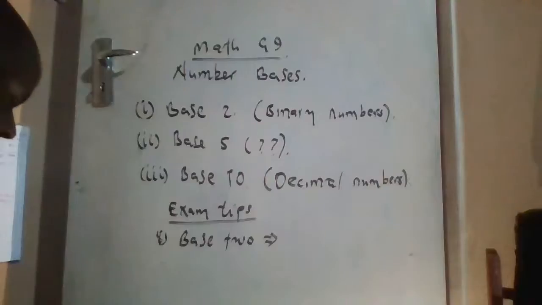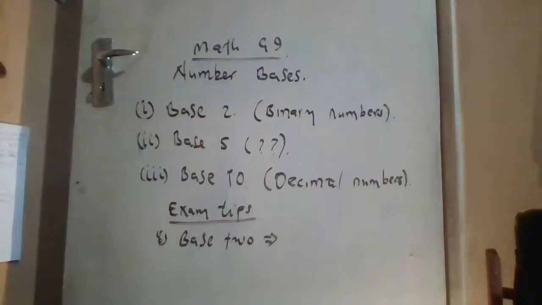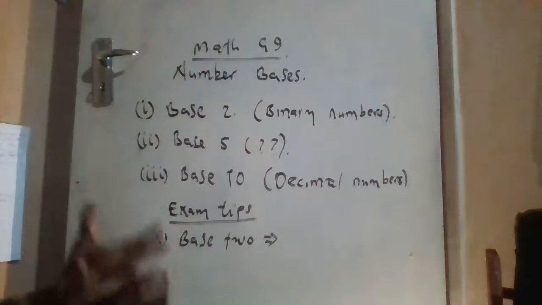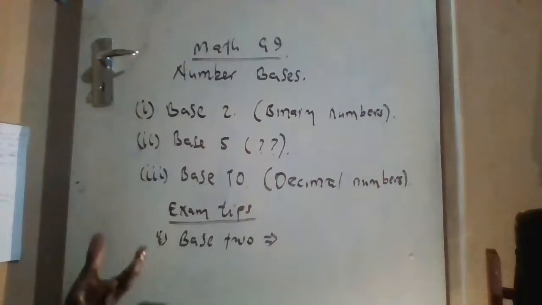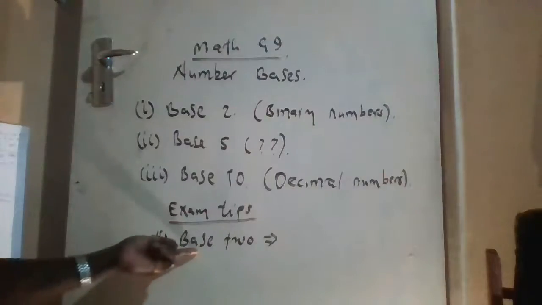I'll say that again. When you're dealing with a certain base, let's say base 2, base 5, base 10, you always have to be dealing with the numbers that are less than the base itself.